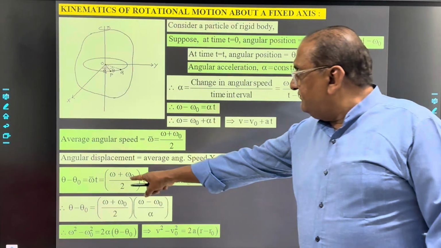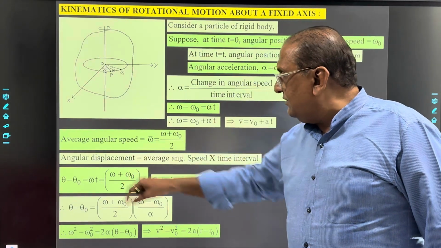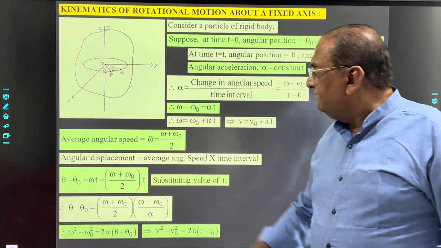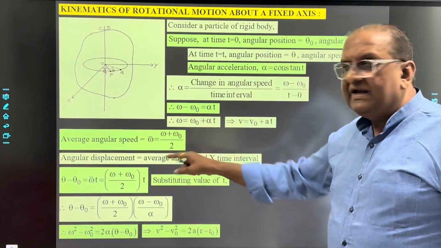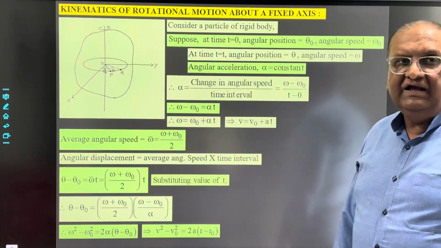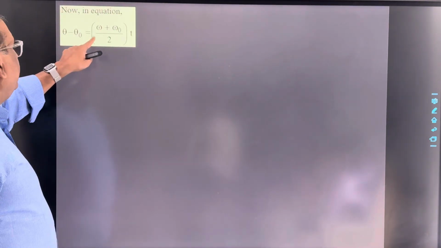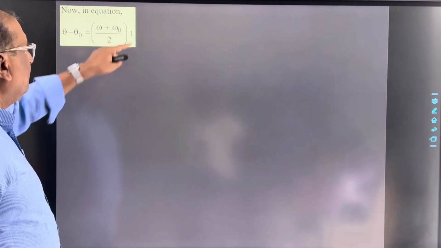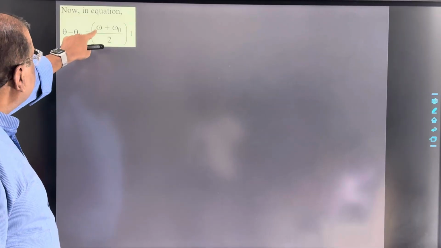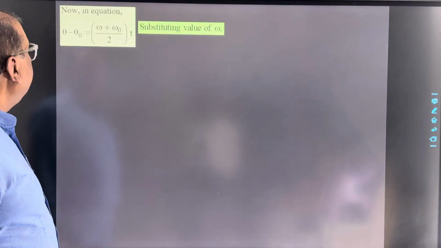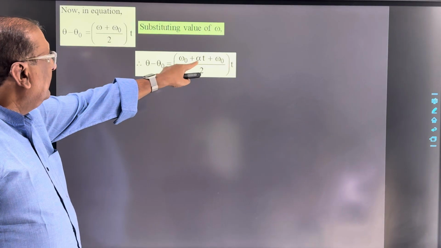Now again concentrate on this equation, theta minus theta 0 equal to omega plus omega 0 by 2 into t, and substitute the value of omega from the previous equation, that is omega 0 plus alpha t.